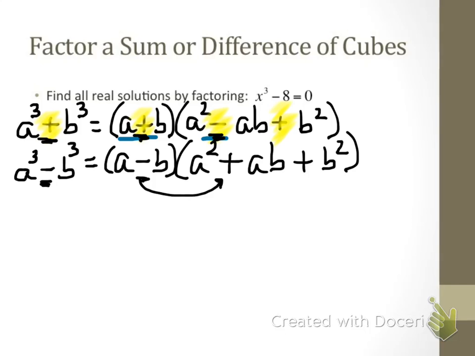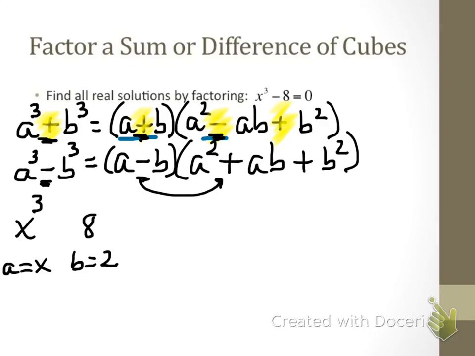So in this case, if we're faced with the equation x cubed minus 8 equals 0, I can use the pattern. I can recognize that if I have x cubed, then my a is just x. And if I have 8, then my b must be 2, because 2 cubed is what would give me 8.